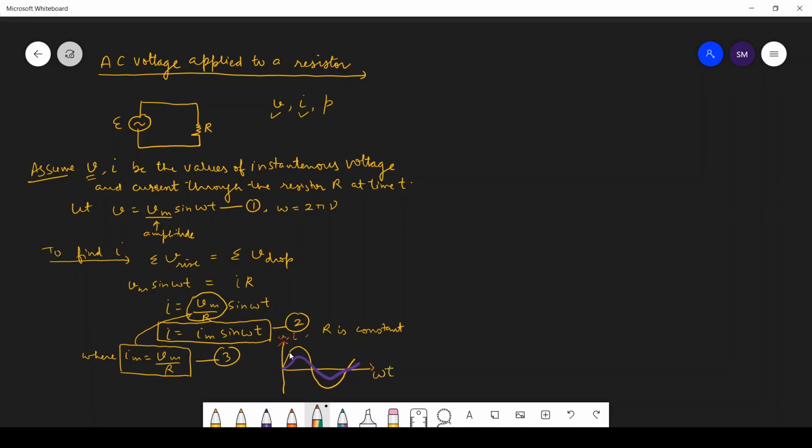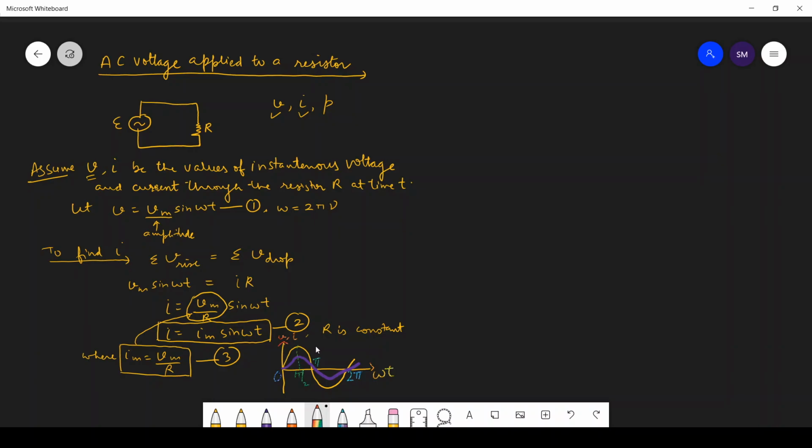You can see that both are maximum at the same time. This is pi by 2, this is pi, this is 2 pi, this is 0.